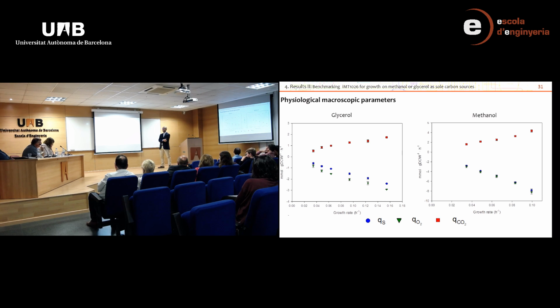Then, how far are you from the maximum? Well, in the case of methanol, we performed cultivations up to 0.13, and we observed reactor washout, meaning that the maximum growth rate was between 0.10 and 0.13.